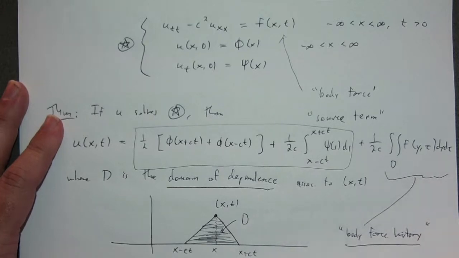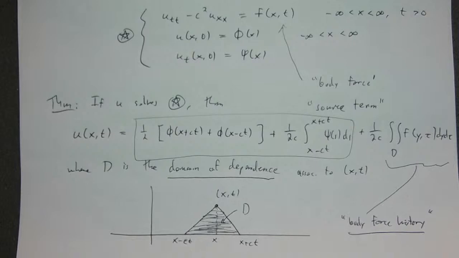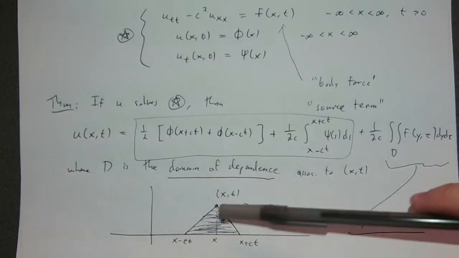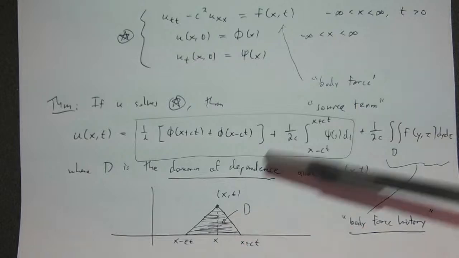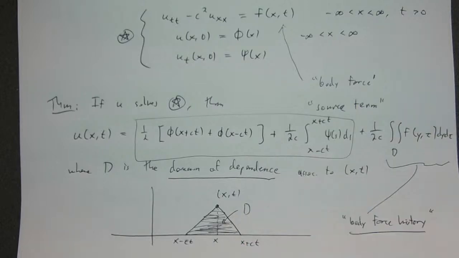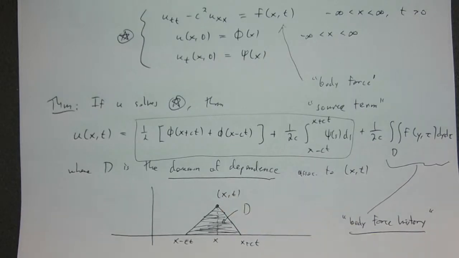So note it's not an integral over all of this everywhere. It's only an integral over the relevant points in the xt plane, the points that contribute to the value of the displacement at x, t.